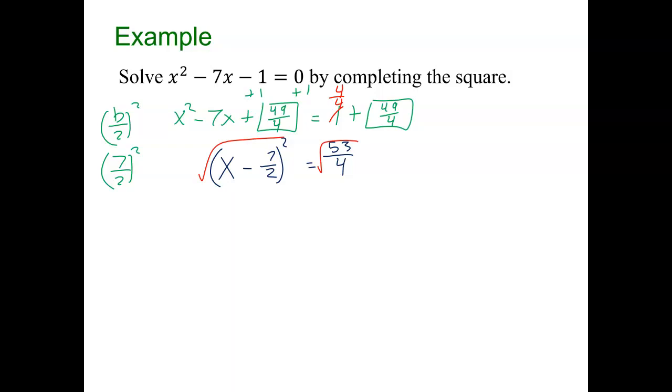Left side? Okay. Yeah. Plus or minus. Combine it over one denominator.